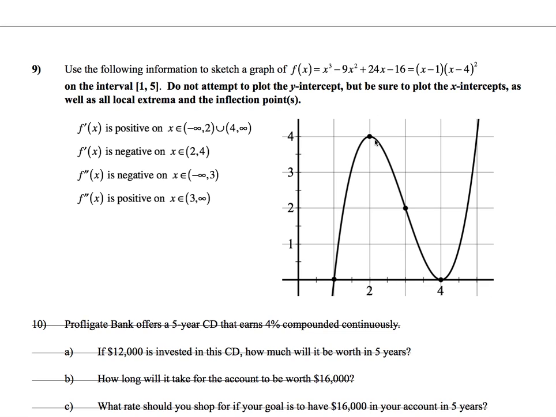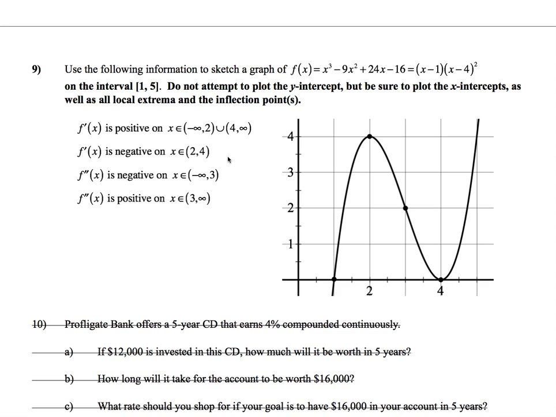So that means the function is decreasing from 2 to 4. And so we sketch a curve here and down through the inflection point and then down to the 0, the intercept at 4.